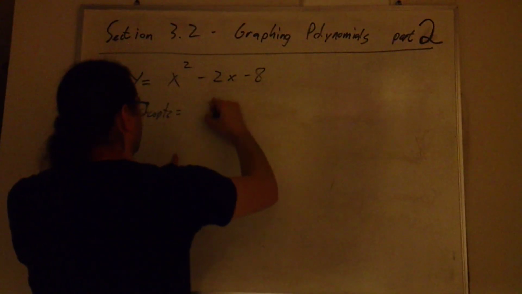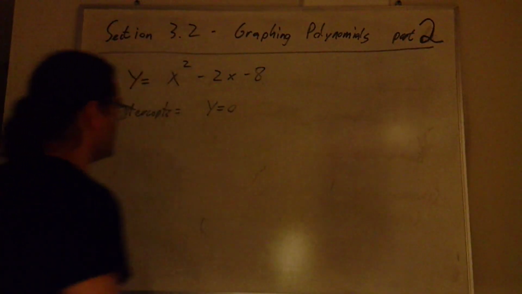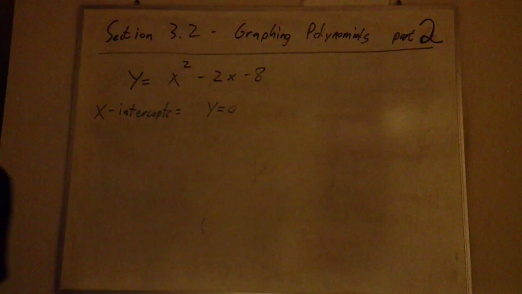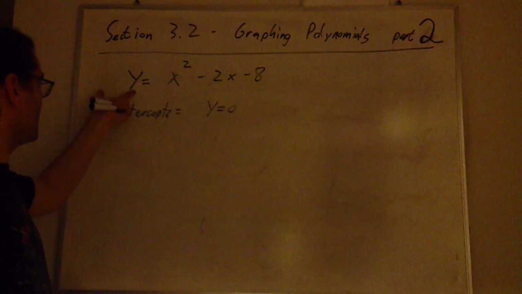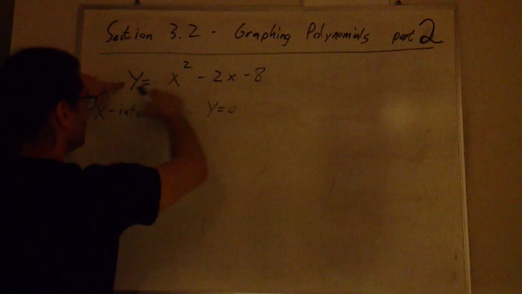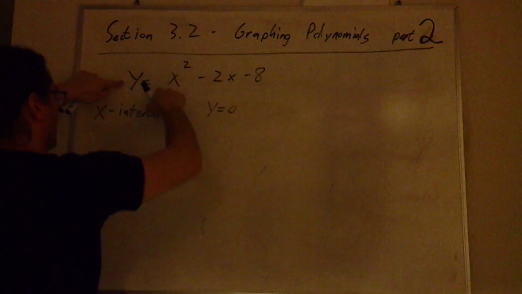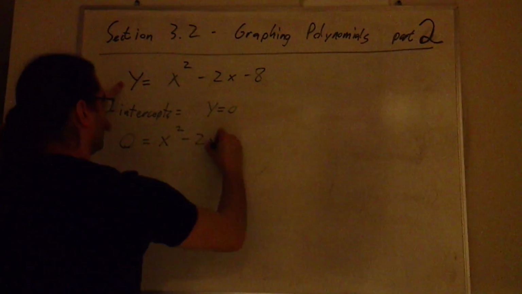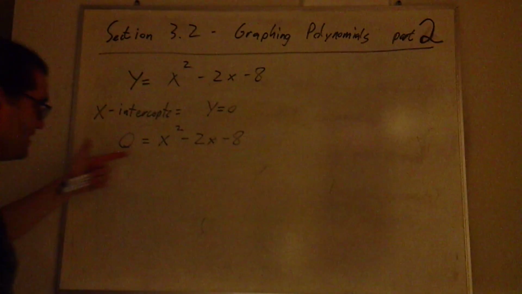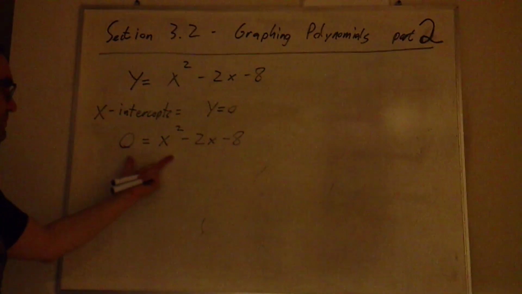X-intercepts mean you set y equal to 0. So to start this off, it's actually very simple. You set y equal to 0. If this is y, and I make y equals 0, this is the equation I get.